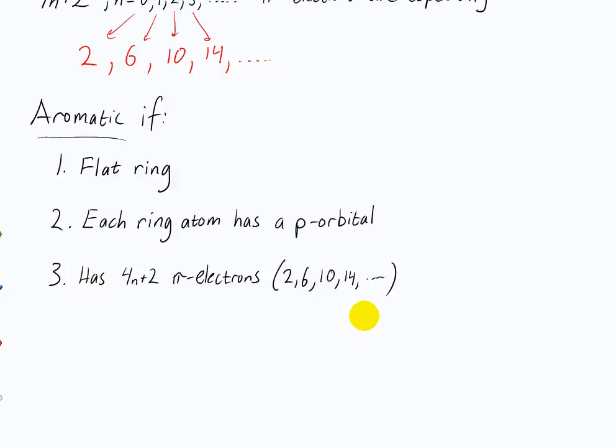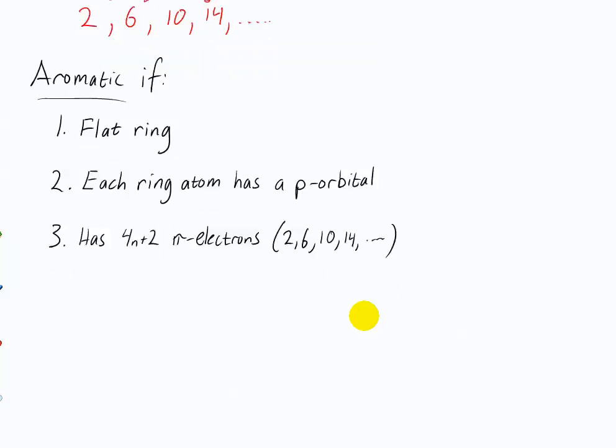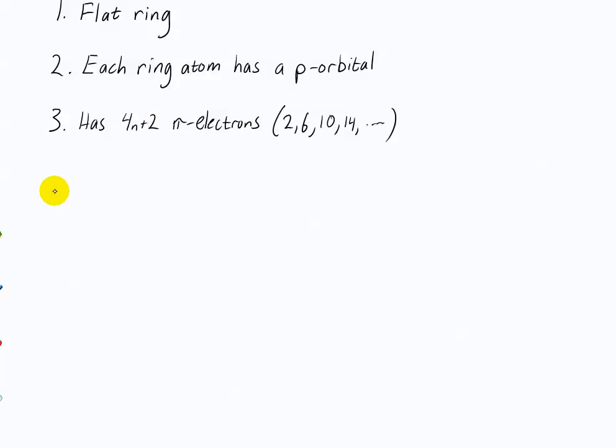So let's take a look at some of these. So first of all, let's just look at benzene. We know the answer already, but let's make sure it fits all our criteria. Is it a flat ring? Yeah. Does each ring atom have a p orbital? Yes, they're all sp2 hybridized. So we could probably say that here also, with a few exceptions where you could have sp hybridization.